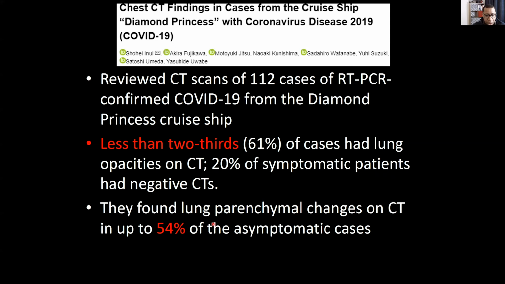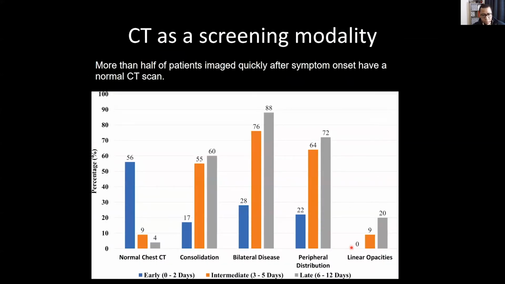They also found lung parenchymal changes on CT in up to 54%. So a little over half of asymptomatic cases had lung parenchymal changes on CT. So I think this study was one of the studies that started to change the narrative of the role of CT and COVID-19.